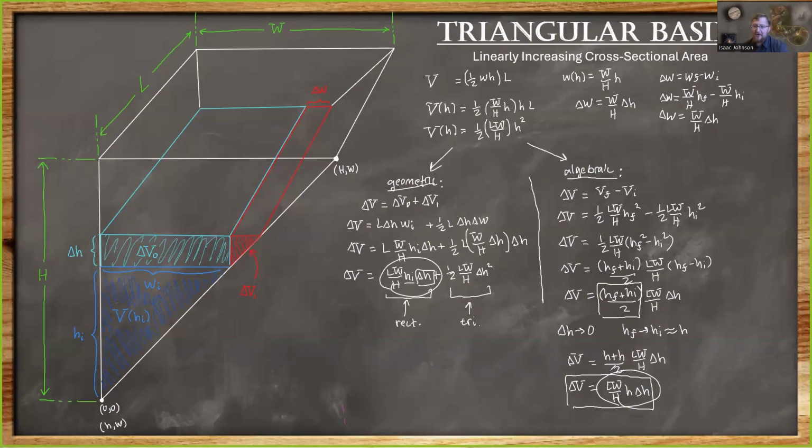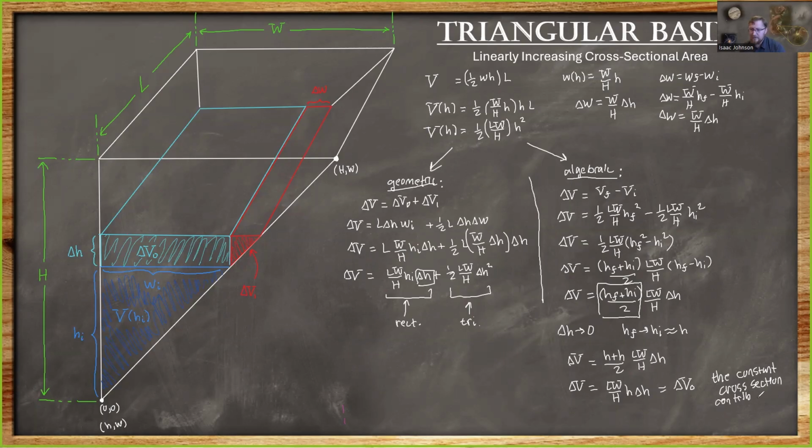So what we've found is as we squeeze delta h smaller, what pops out the other side is just the rectangular component of volume increase, or the constant cross-section contribution to the change in volume, to delta V total, right?